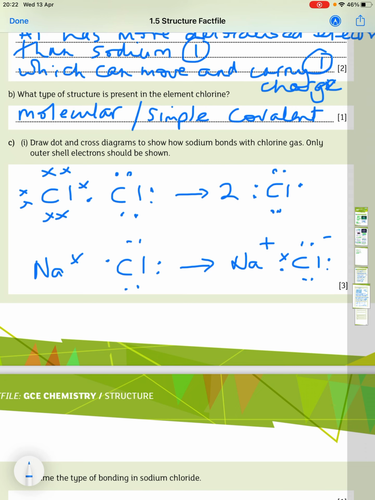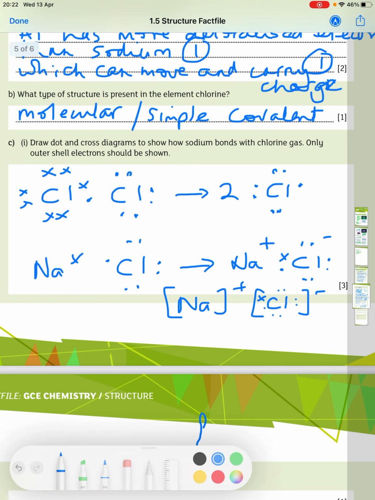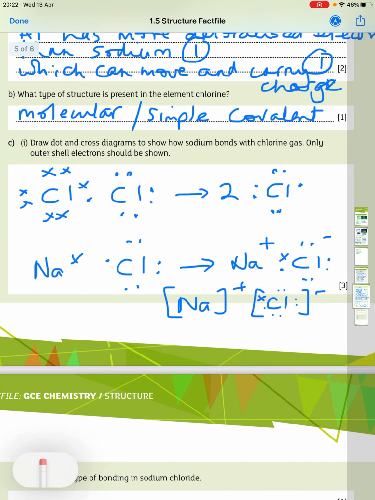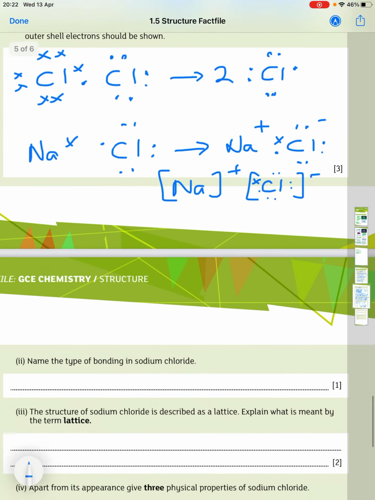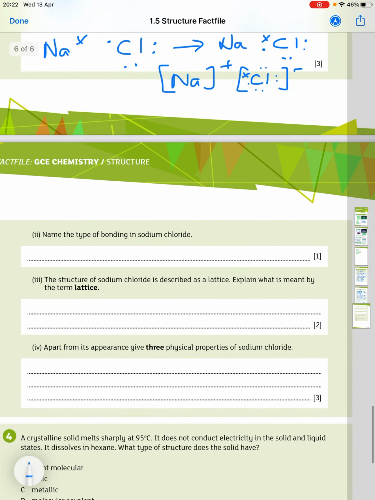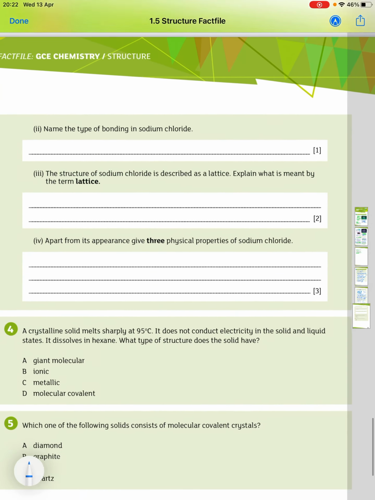And a minus. So you can draw them as Na plus and then the chlorine with the negative charge outside, if you like. But because they're only asking for outer shell electrons, the way I drew it the first time is absolutely fine.